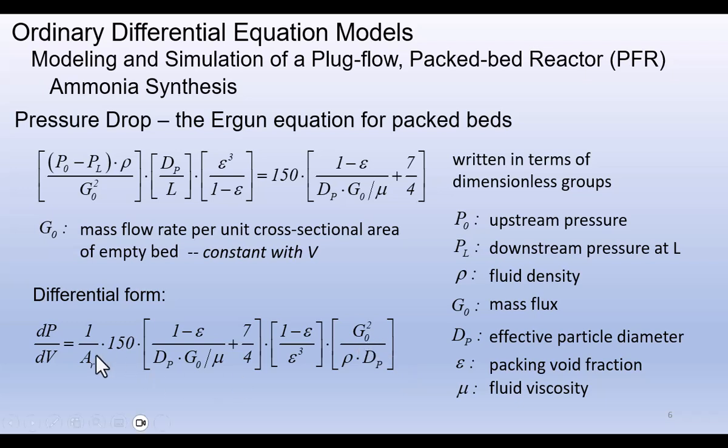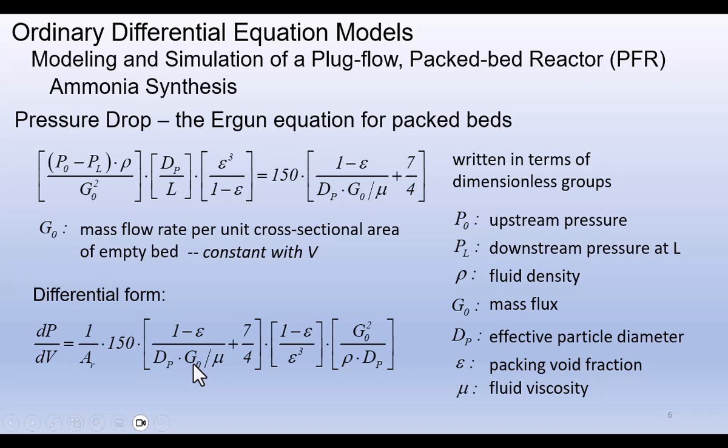And all of the terms in this are denoted here in the nomenclature. And the one thing to take note of is this G naught is the mass flow rate per unit cross-sectional area of empty bed. And that is, by conservation of mass, constant with V. So that becomes a constant in this equation.